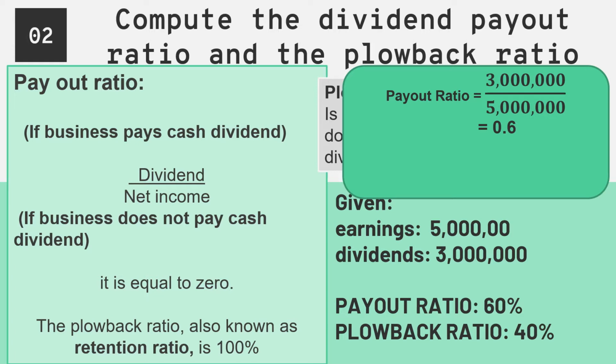We have to use the percentage format, so we multiply 0.6 by 100 to get a 60% payout ratio. Remember, plowback ratio or retention ratio is 100%. If payout ratio is already 60%, then in order to complete 100%, we'll have 40% as a plowback ratio.